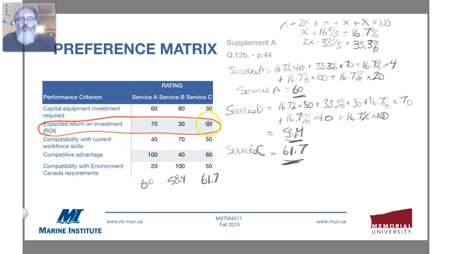And you can see that indeed in this case, being weighted higher, this high value of 90 in service C certainly drove it above service A and B, which in fact was the previous winner for part A. So that's how the percentages and the weights impact, and that's why it's important to do all the math for all of the preferences and come up with a conclusion.